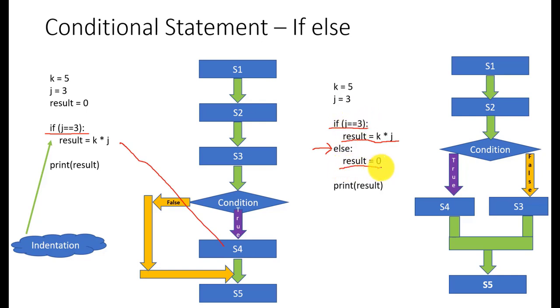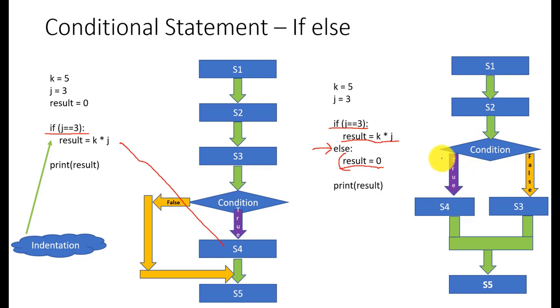But if j is not equal to 3, that means this condition is false, then we execute the statement result is equal to 0. So if the condition is false, then the statements which are in the else block get executed.